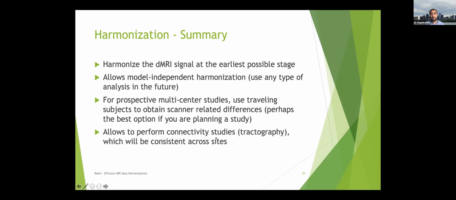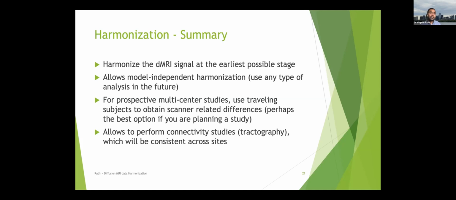This type of analysis also allows tractography. I think this is one key important point I want to emphasize as much as I can. Let's say you were to run tractography on two different data sets from two different sites. Because the noise levels are different and the biases are all different, the tractography itself is going to be different.